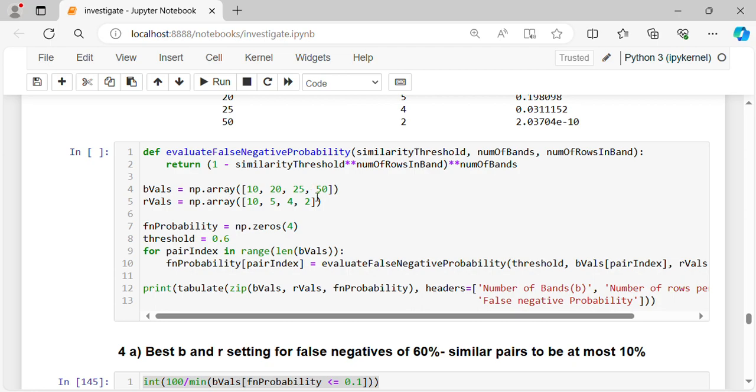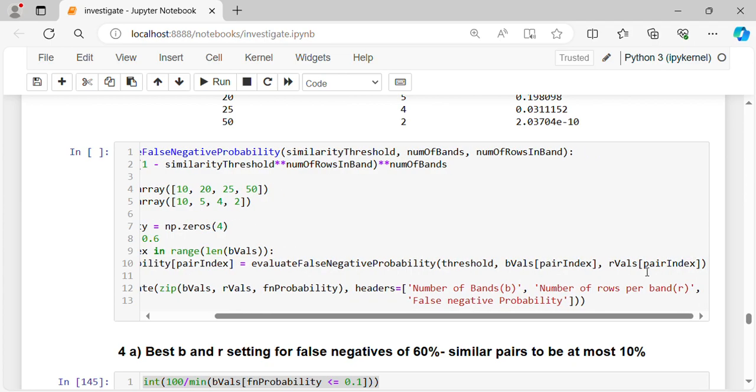So B values at that position, 0, 1, 2, 3. So say if pair index is 1, then B values at position 1 will be 20, and R values at position 1 will be 5.